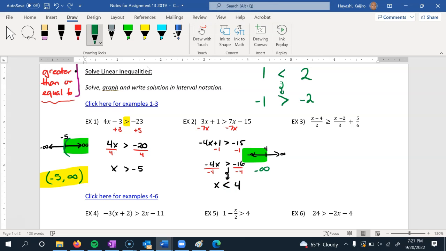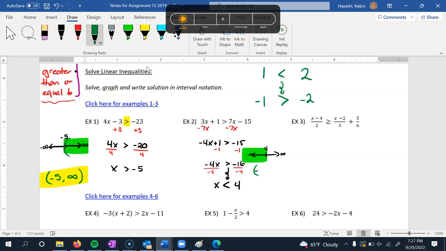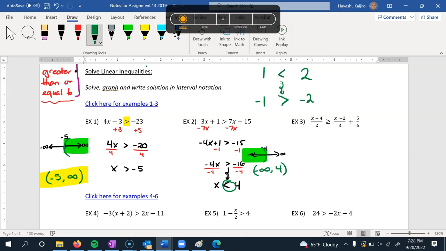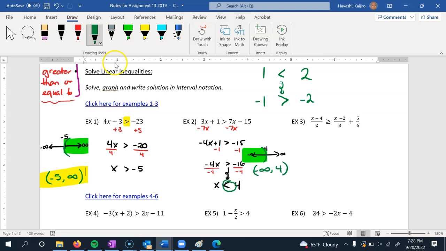That's going to be the interval negative infinity, and infinities always have parentheses on them. And it's going to go up to 4, and is that 4 going to have a parenthesis? Right, it's going to have a parenthesis because of this symbol. It's not less than or equal to, it's just strictly less than. So that 4 has a parenthesis.